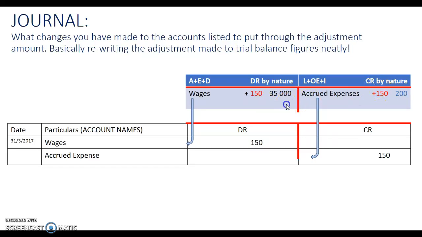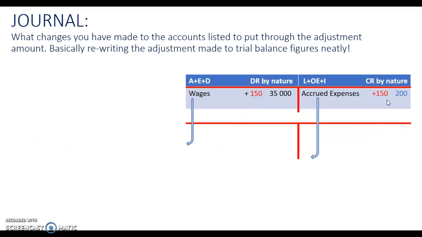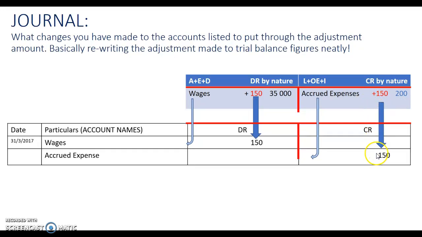So just drop that down there. We've got $150 on the debit side to the wages account, and $150 on the accrued expense side, and that's the accounts we've altered and by how much.